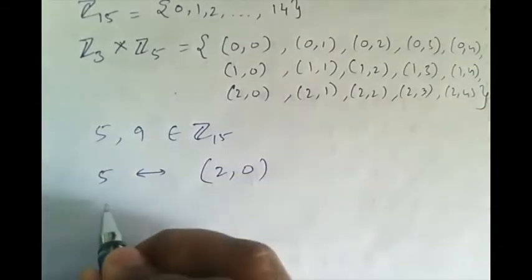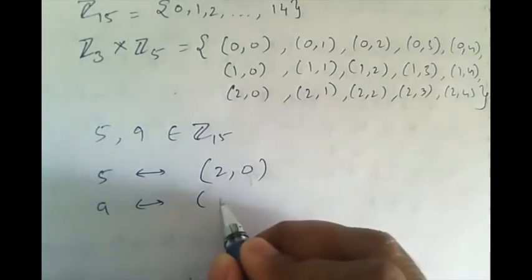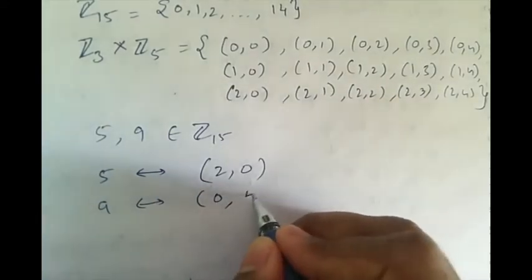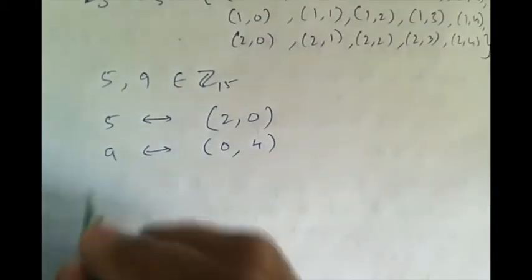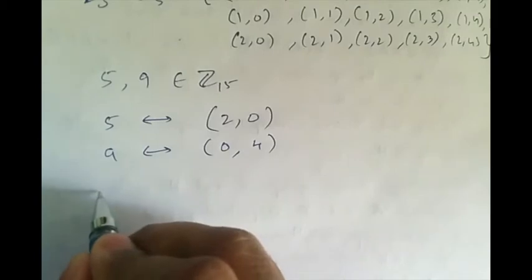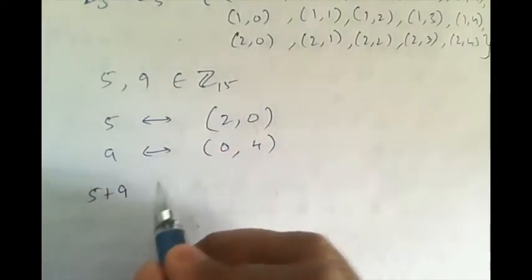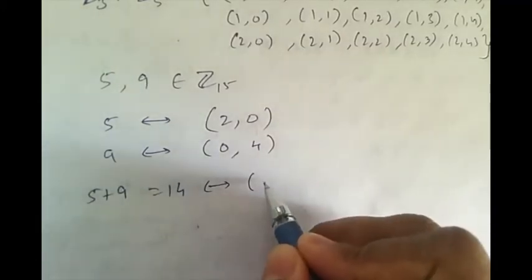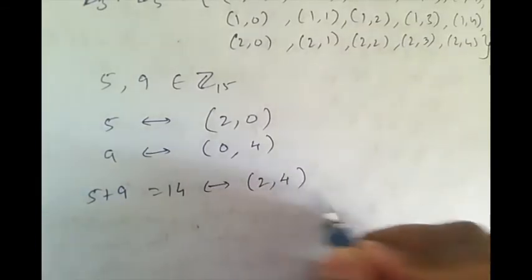And 9 is going to be mapped to 9 mod 3 is 0 and 9 mod 5 is 4. Now 5 plus 9 in the first group Z15 is 14. So that is mapped to 14 mod 3 is 2 and 14 mod 5 is 4.